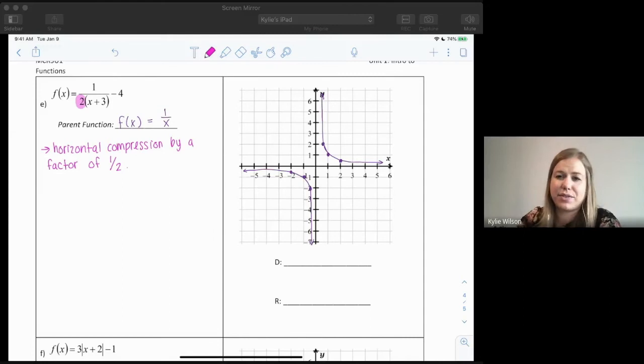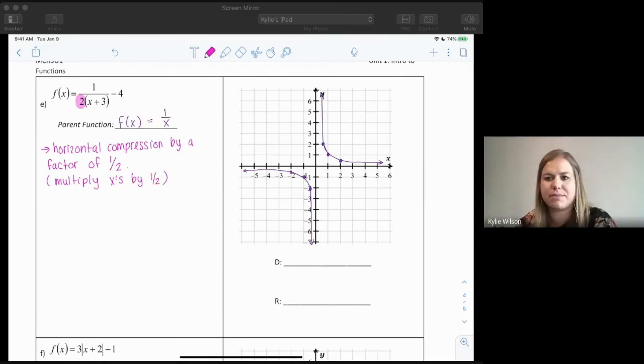That's different for k's than a's. So it's always a factor of 1 over k. And that means that we multiply our x's by 1/2, like this.